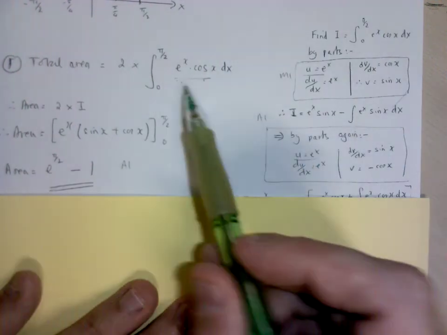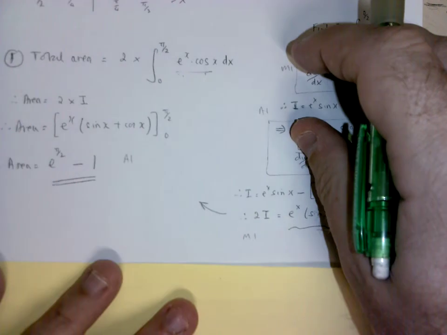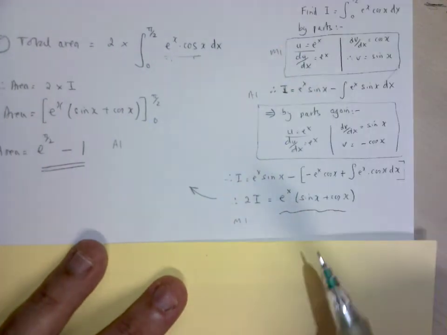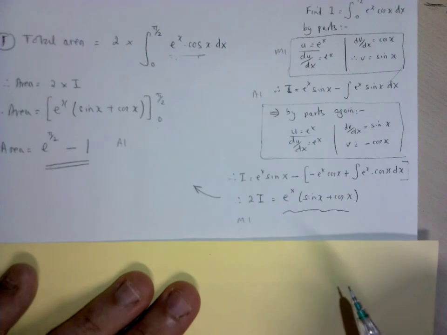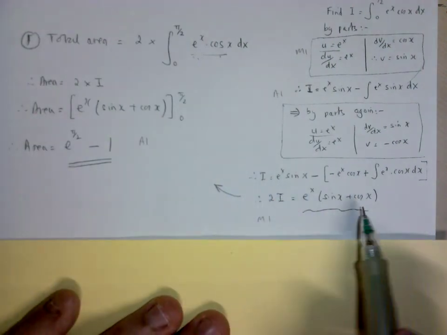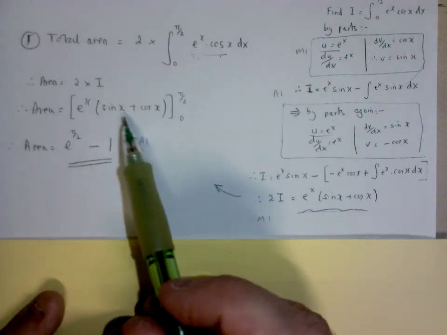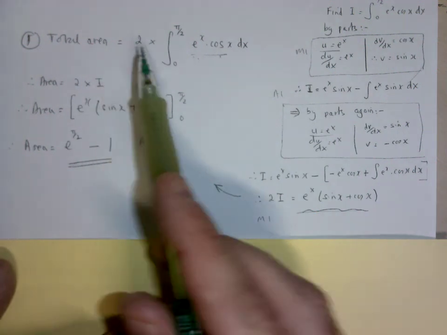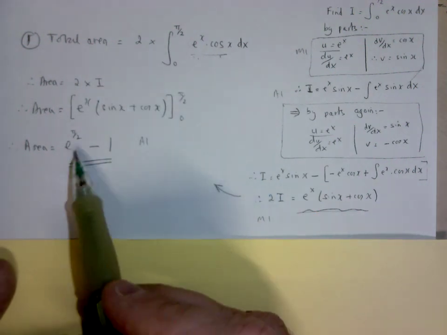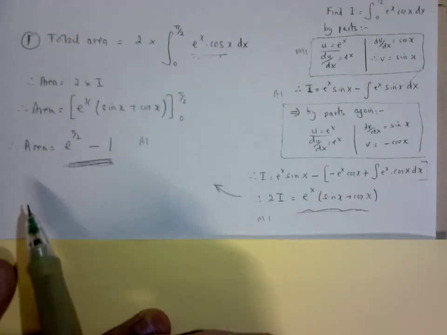That will lead me through. I'll leave that working there for you just to hit pause and follow through if you need to. Once I've got that integral sorted out, I can put it into my area question, 2 lots of that integral eventually becomes e to the pi on 2 minus 1.